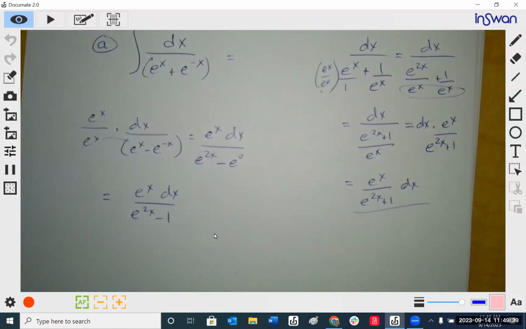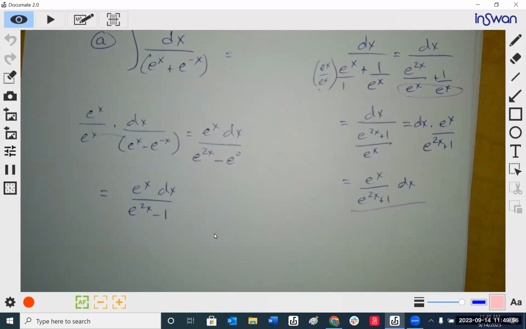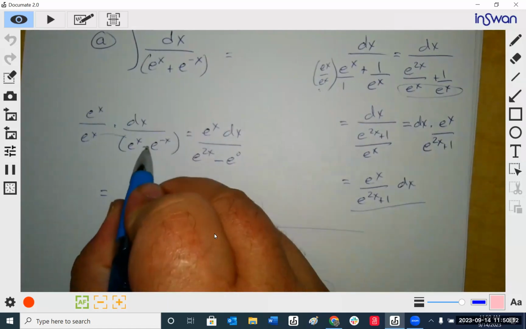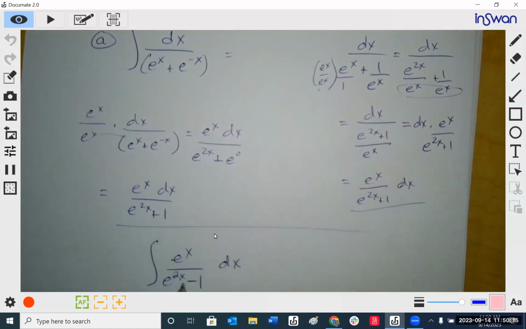As long as you follow the rules of math, you'll get the same answer. So no matter which way you use, we're still stuck with this equation. Oh, I'm sorry, it should be plus on the bottom, not minus. Plus in the original.